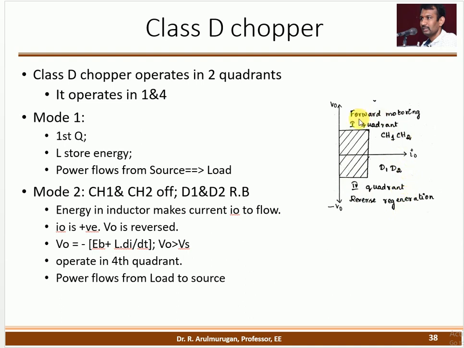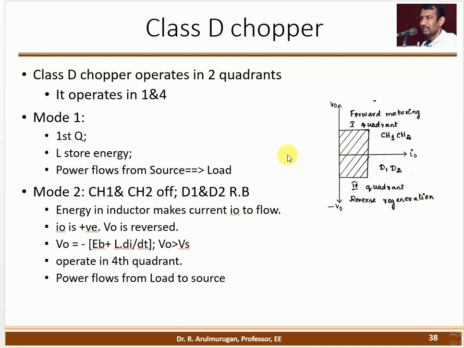What is quadrant number 1? Forward motoring. Quadrant number 4 is reverse braking. Why is it called reverse braking? It has the opposite sign of either the voltage or the current. Voltage is negative, that's why it is reverse braking. Due to the negative voltage, it's reverse, and braking is what we say.